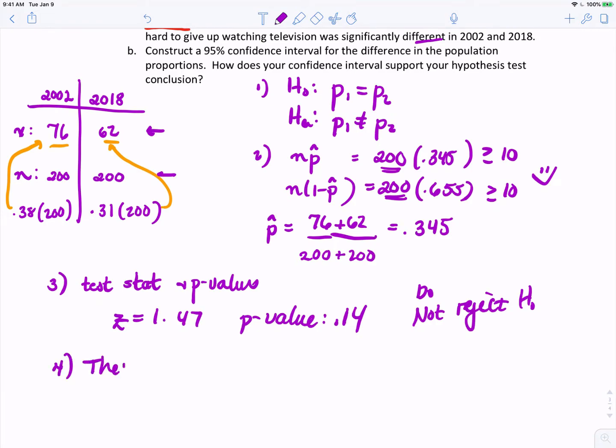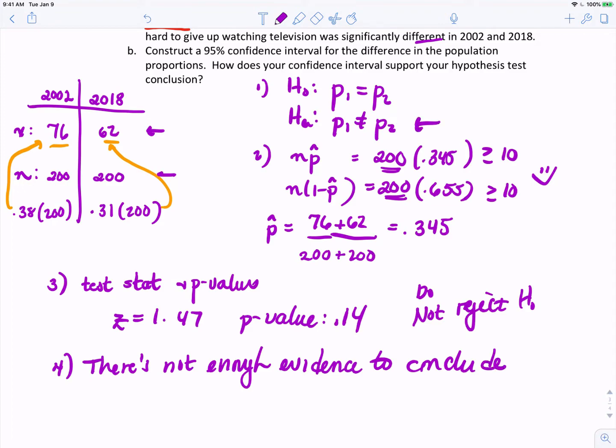And now we have to write a conclusion in plain English. So there's not enough evidence to conclude. And remember, we are always writing about our alternative hypothesis.